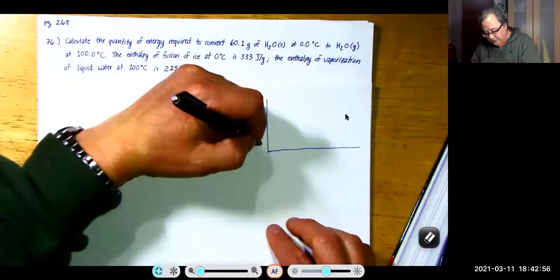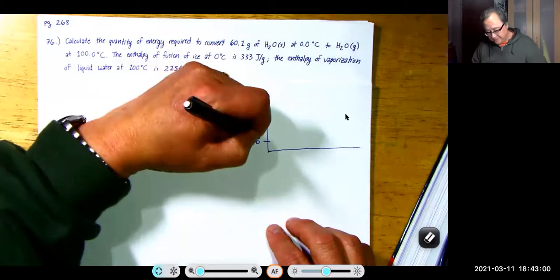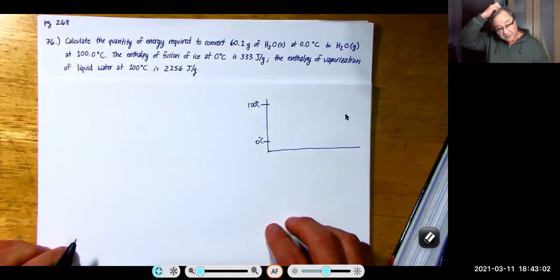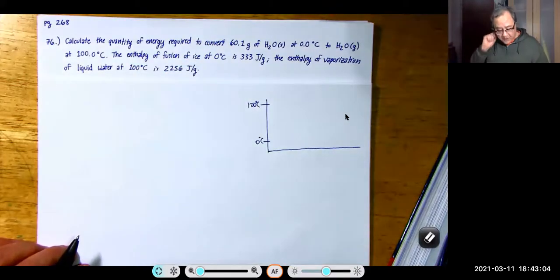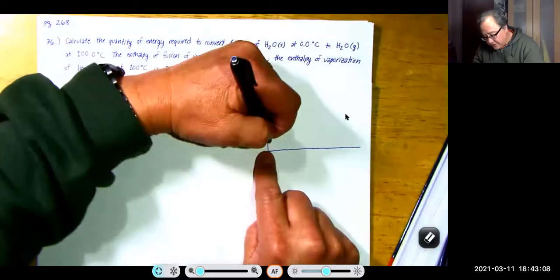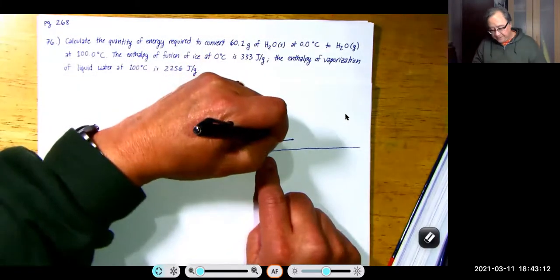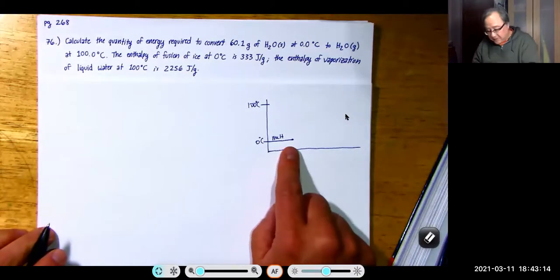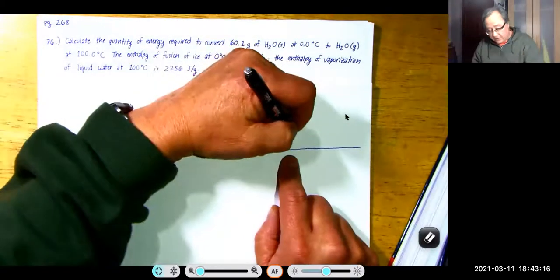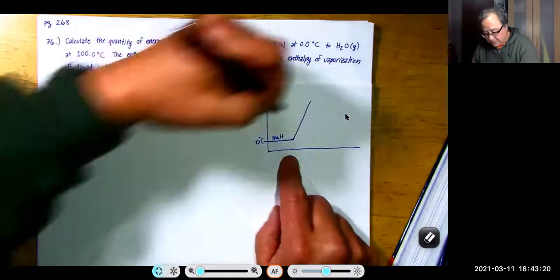So if I draw a little diagram of what's happening without regard to scale, we're going to start at 0 and end at 100 degrees Celsius. Now, this is with 60 grams of water. If you start at 0 degrees Celsius and it's ice, all of the energy goes into melting the ice. After all of the ice is melted, the liquid water that's formed will then rise in temperature until it gets to 100 degrees Celsius.